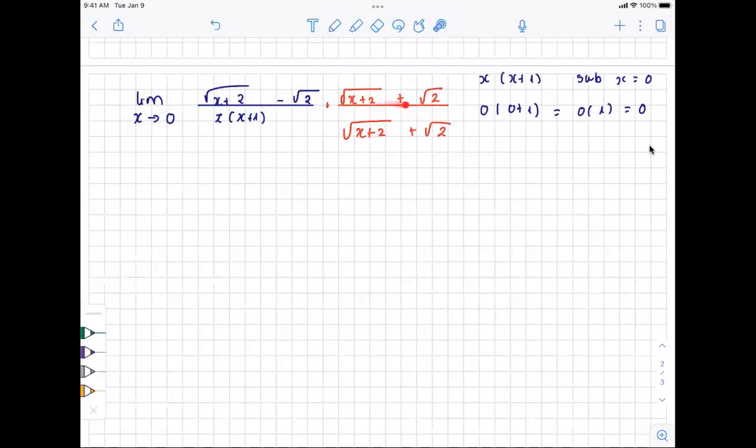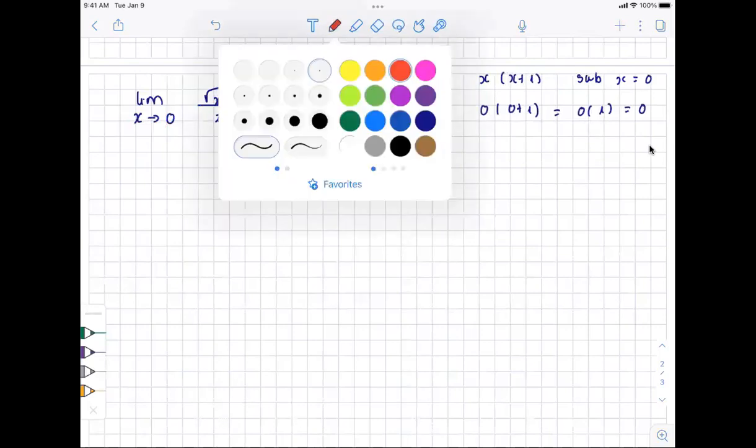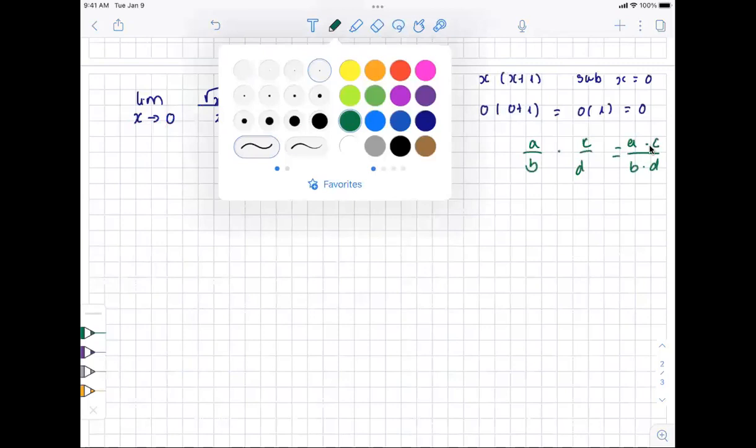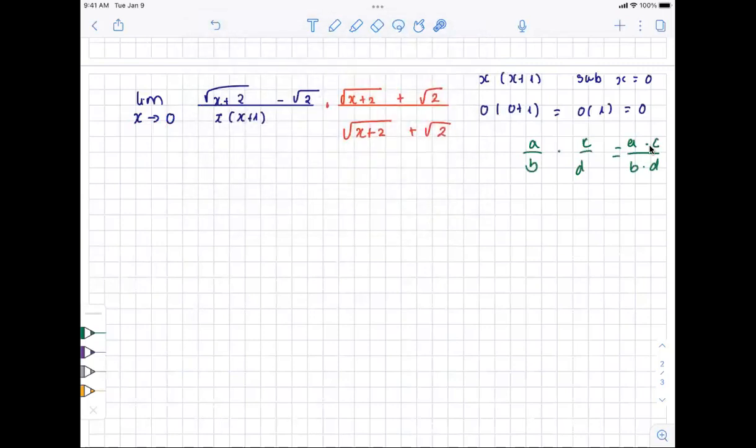Once I multiply these, since it's two fractions multiplying each other, you can multiply across. Just remind yourself, A over B times C over D is the same thing as A times C divided by B times D. You can multiply across, except if you do addition and subtraction, then you have to have a common denominator. I'm going to show more steps so that you can follow.